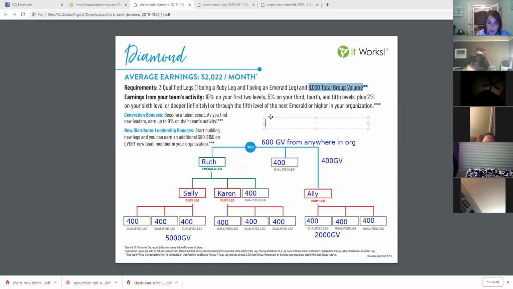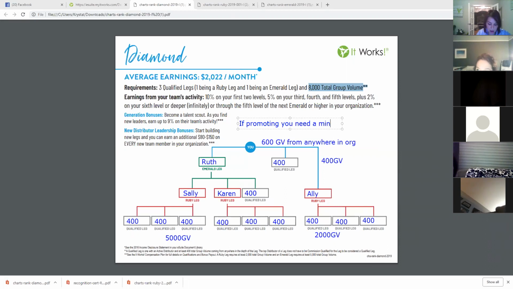So if this is a promotion month, if promoting, you need a minimum of 150 PCV for 1 month in 2019.